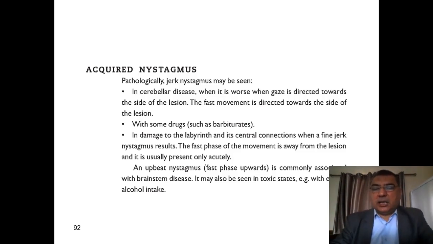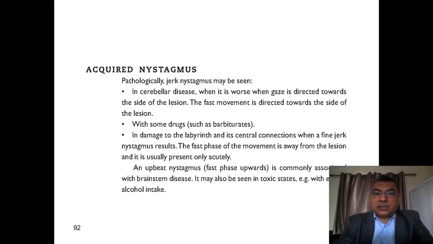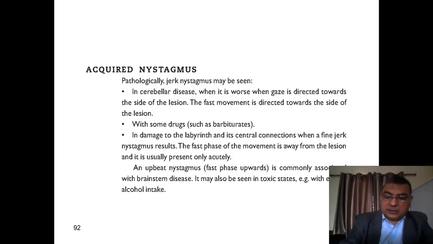What are the conditions that will produce this acquired nystagmus? Cerebellar disease may result in acquired nystagmus. Drugs like barbiturate may result in nystagmus. Damage to the labyrinth may result in nystagmus. Excessive alcohol intake may result in nystagmus.